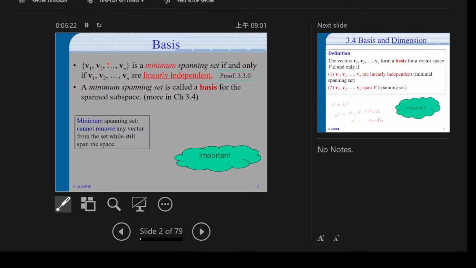And we proved in 3.3 that you have a minimal spanning set if and only if the set of vectors is linearly independent. And we say a minimal spanning set is also called a basis.